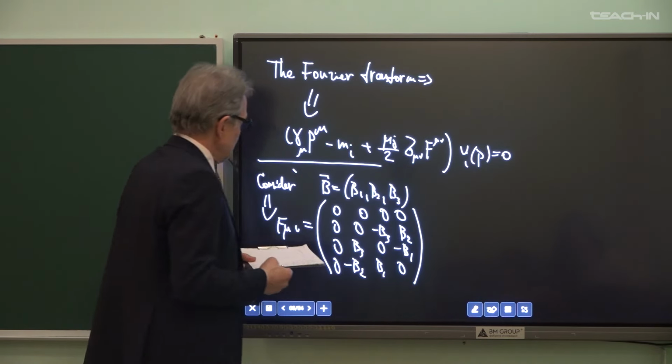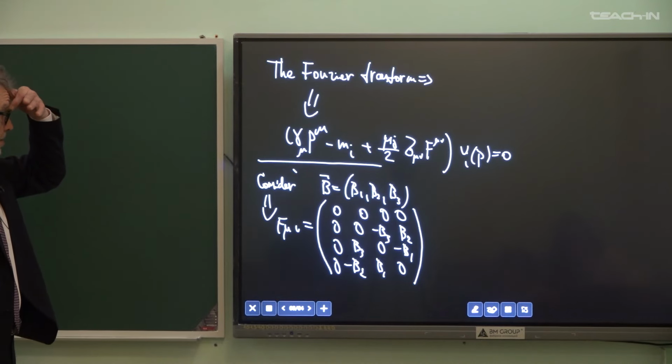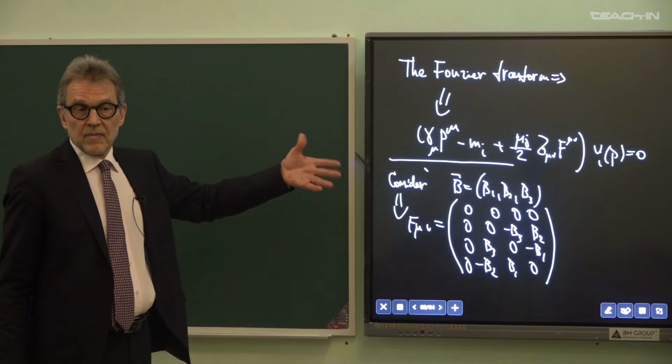This is the tensor of electromagnetic field for the particular case of the constant magnetic field given by its components.